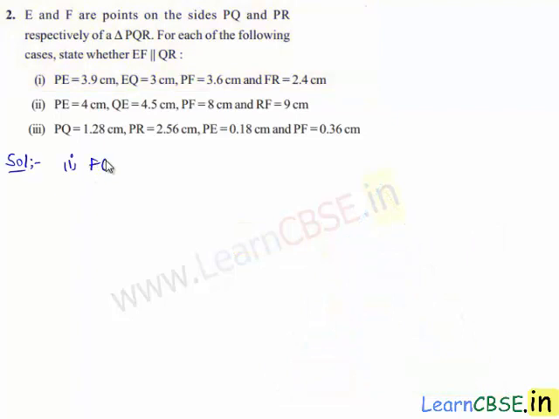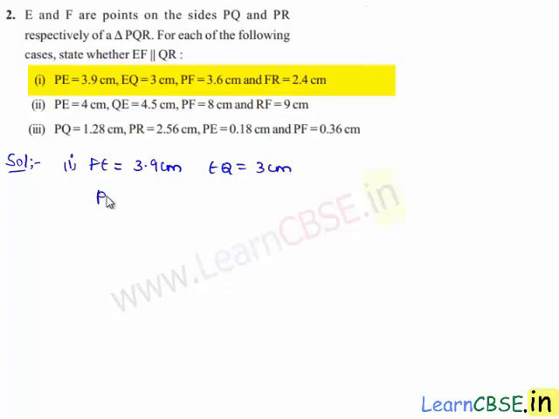The data is PE is equal to 3.9 centimeters, EQ is equal to 3 centimeters, PF is equal to 3.6 centimeters, and FR is equal to 2.4 centimeters.